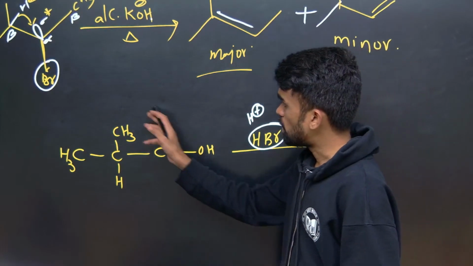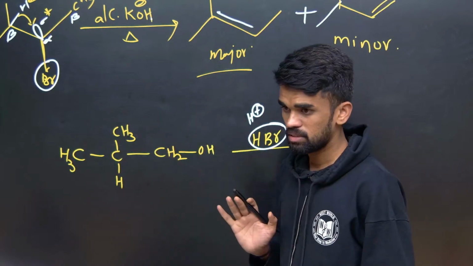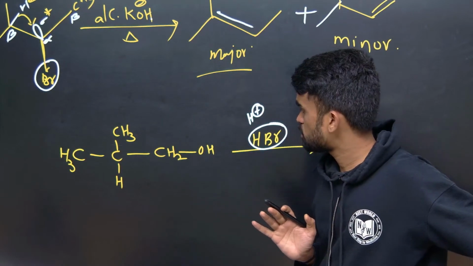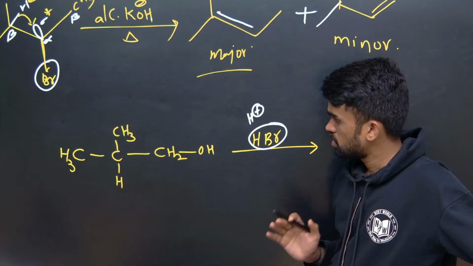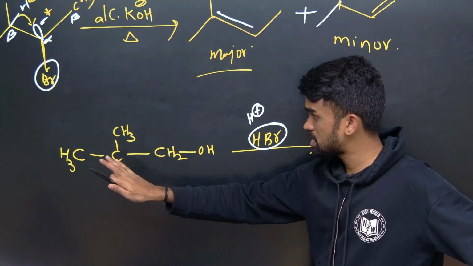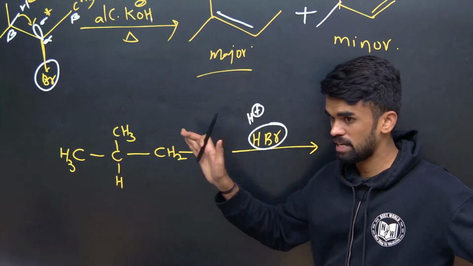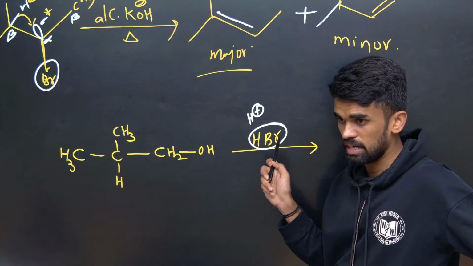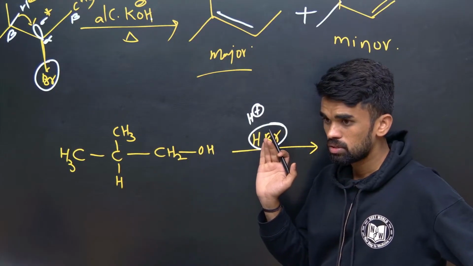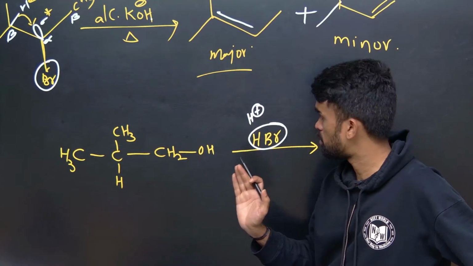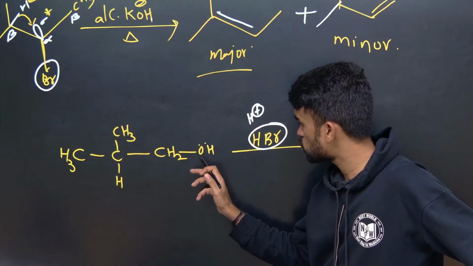Now what is the reactive site of the substrate? Where can we expect the reaction? See, always remember, simple carbon hydrogen never react in this kind of situation. Is there any pi bond to show reactivity? No pi bond. We have only this OH group as the reactive site.